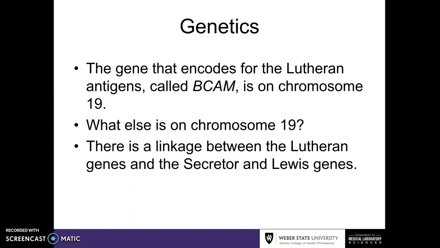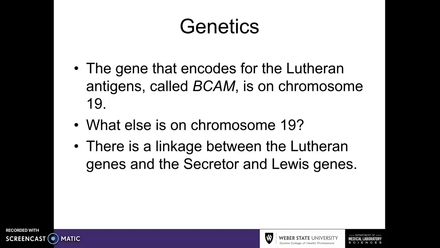When it comes to the genetics and the inheritance of the Lutheran antigens, the gene for this system is called BCAM, and it's on chromosome 19. As you may recall, there are other blood group systems that have their genes on chromosome 19 as well. A couple of those that are mentioned here are secretor and Lewis.